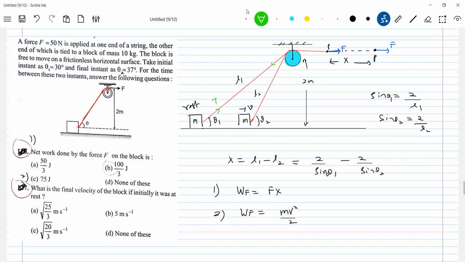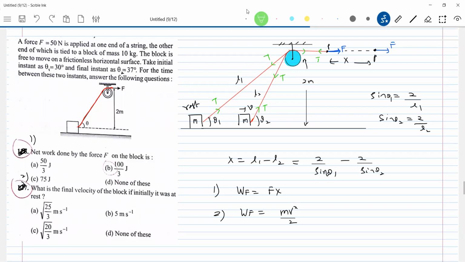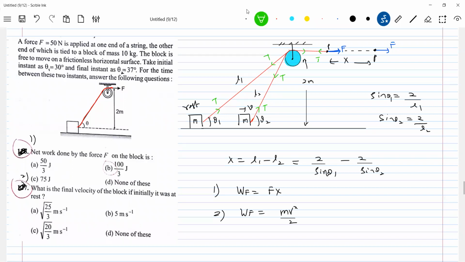Okay, and this tension is nothing but equal to F, no? Here, what is actually going on? The applied force does work. The tension does negative work here and positive work there. So the net work done by tension is again 0.